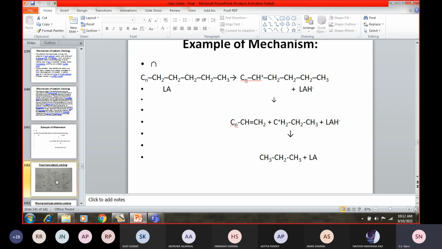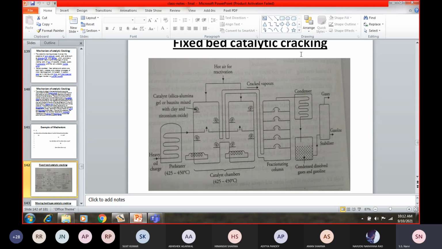This is the fixed bed catalytic cracking reactor, where you can see the heavy oil is introduced on heating at 425 degrees centigrade. Then you see the catalyst is kept at the various sides, isn't it? It is silica, alumina gel, or bauxite mixed with clay and zirconium oxide, or sometimes modified zeolites are used.